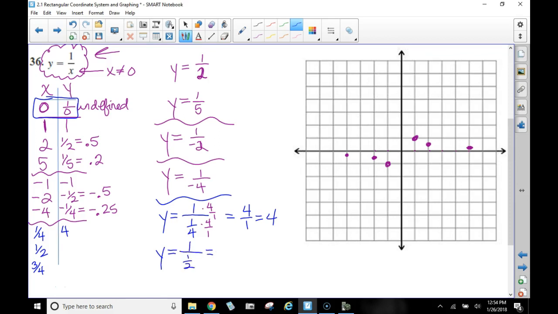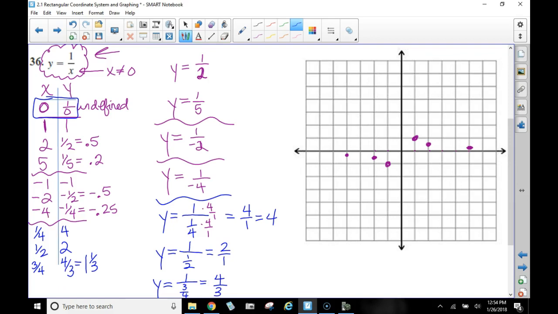Well, it's 1/2's reciprocal, 2/1, or just 2. So, when x was equal to 3/4, my rule says y is equal to 1/(3/4), which is 3/4 reciprocal, 4/3. So 4/3, you know, is the same thing as 1 1/3, 1.33333. Maybe that'll help us figure out what's going on for a little bit more of our graph.